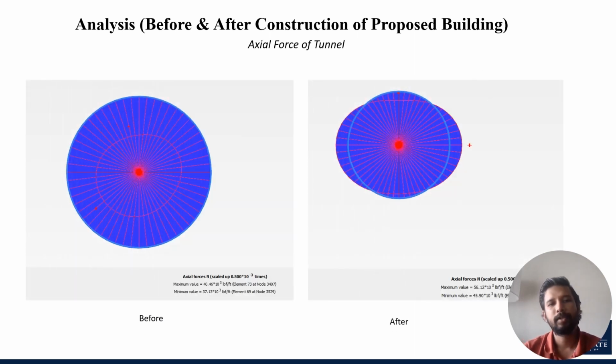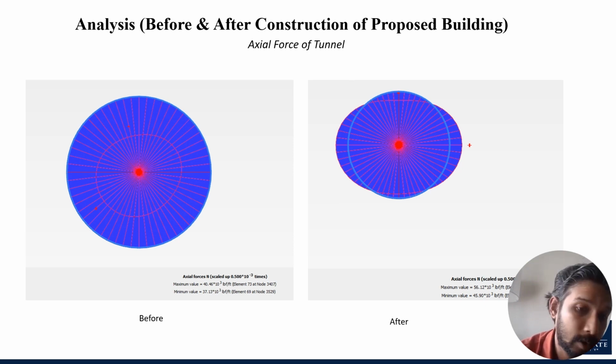So here is the comparison of the axial forces of the tunnel before and after the construction. The first picture is showing the axial forces acting on our tunnel reinforced concrete in the existing condition, and the right side picture is showing the axial force acting on our tunnel reinforced concrete after the new building construction.